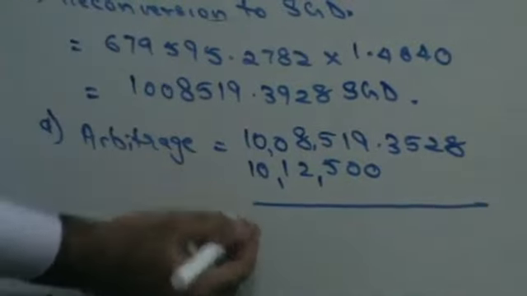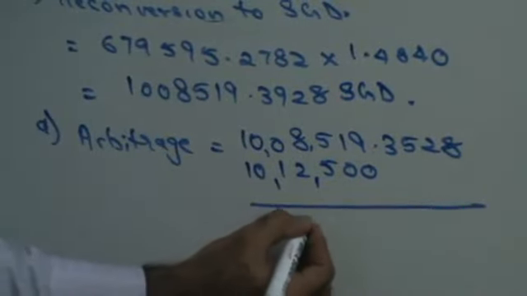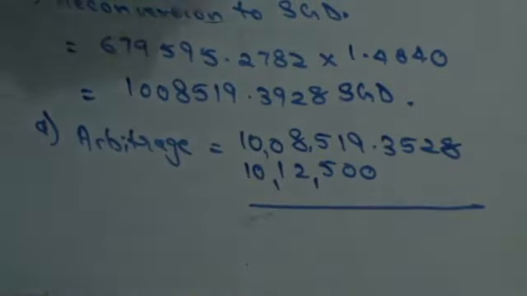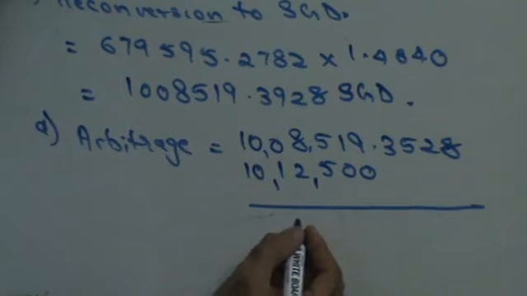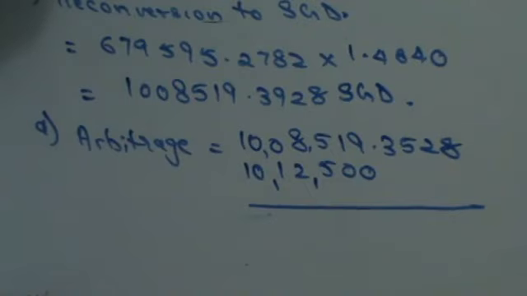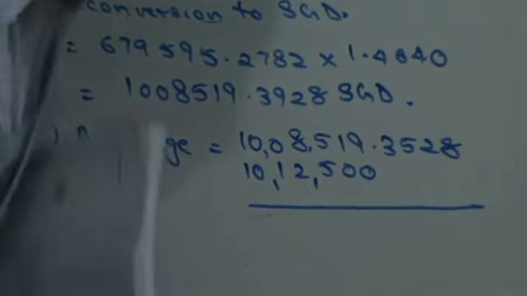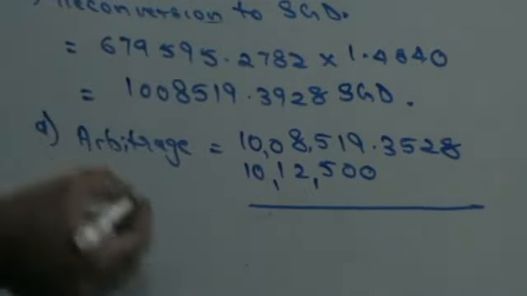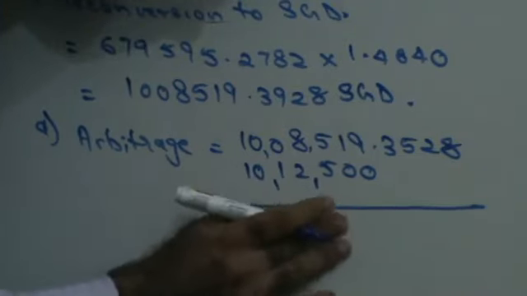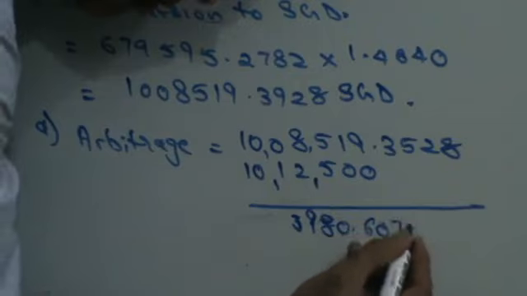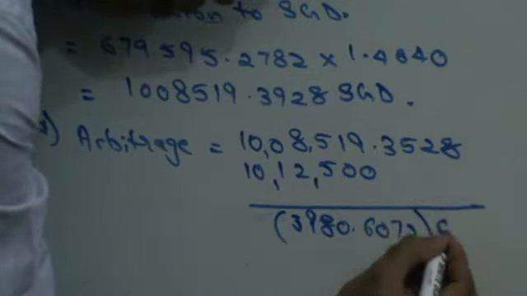Let's consider the other way around. Someone please subtract this and tell me how much is the loss that I'm going to incur. It's 3,980.6072 Singapore dollars, SGD.